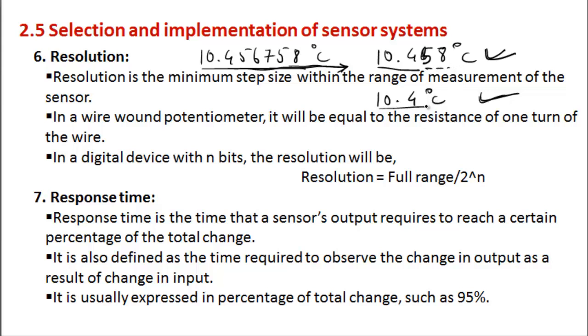It is giving you more smaller values of the original temperature that you want to measure, and these small values depend on what is called the resolution. So you might have seen that certain weighing devices will give your weight as 60.3.